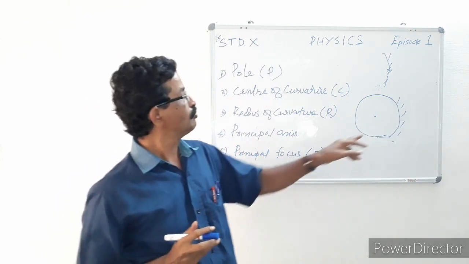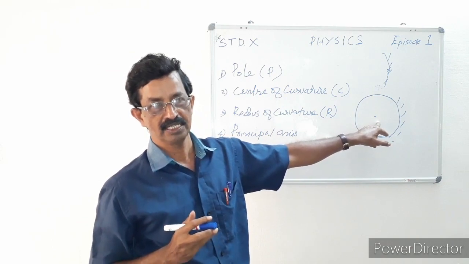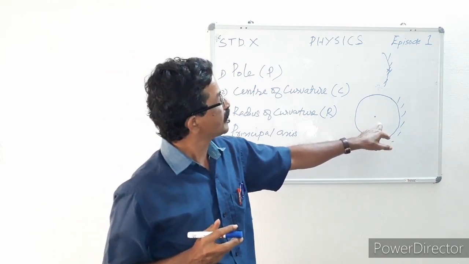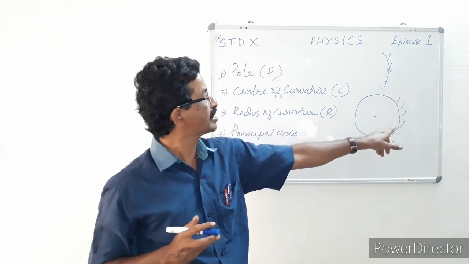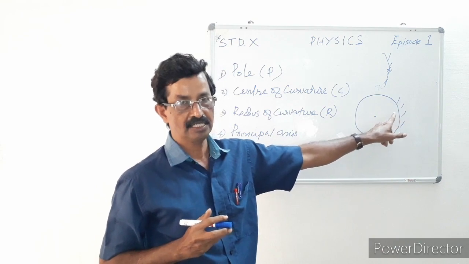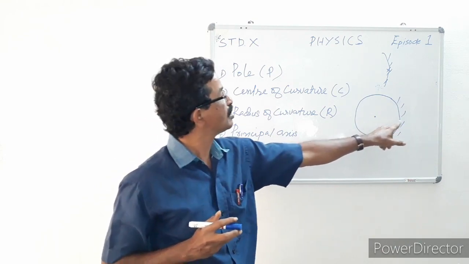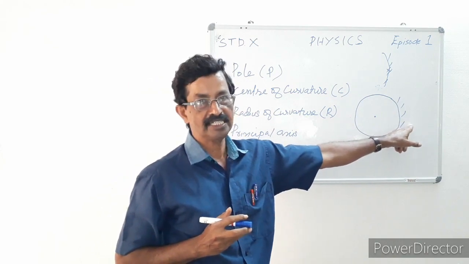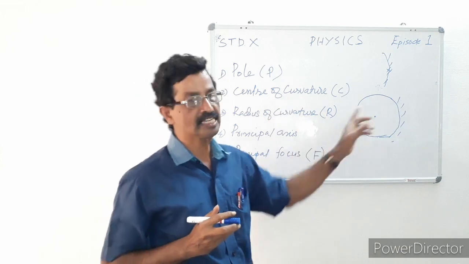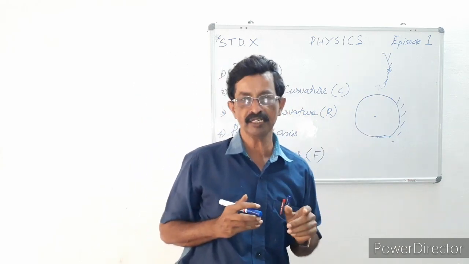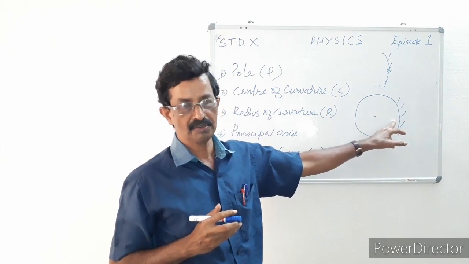So, for a sphere, there is a center. From this sphere we take this mirror. So the center of the sphere from which we took the mirror is the center of curvature. Center of curvature is the center of the sphere from which we took the mirror.